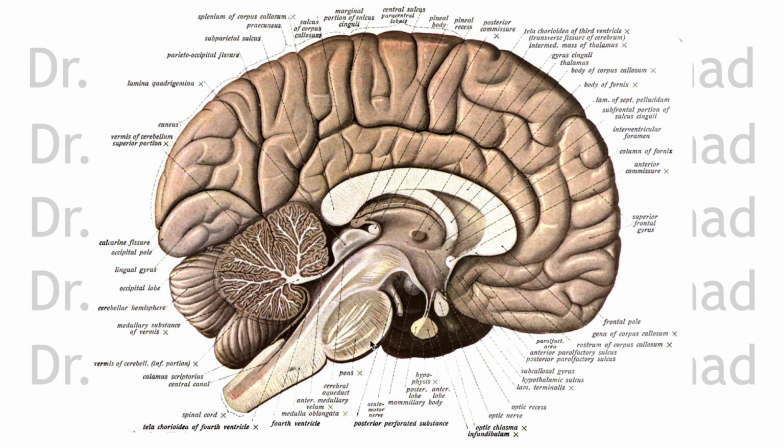Now the pons is the bridge between the two cerebellar hemispheres. You can see here the base of pons and tegmentum of pons, which all belong to the pons, which is actually a bridge that belongs to the cerebellar hemispheres.